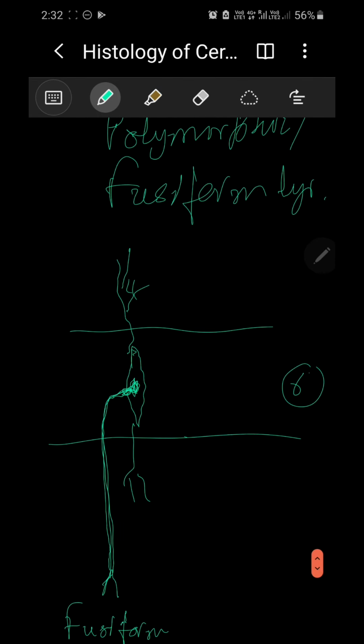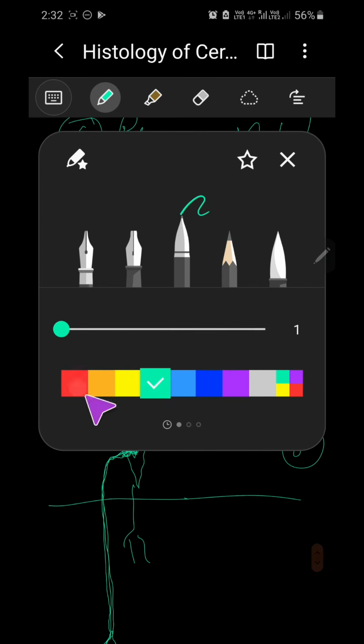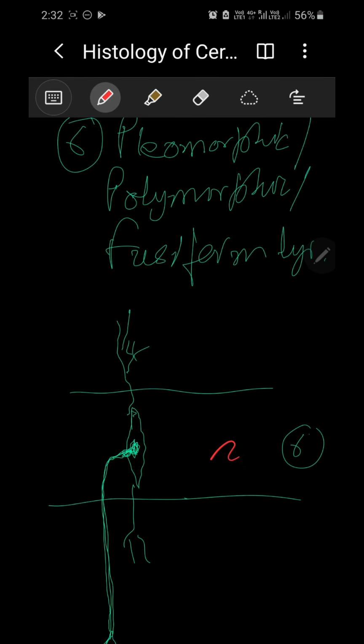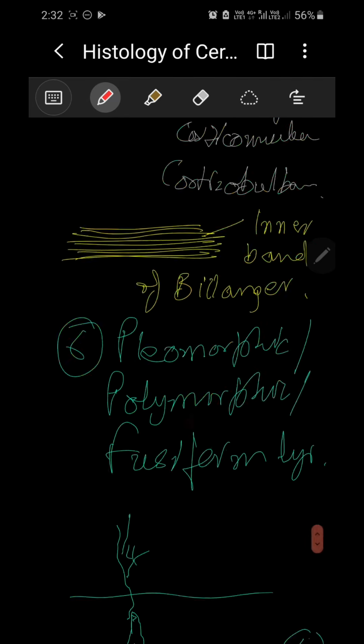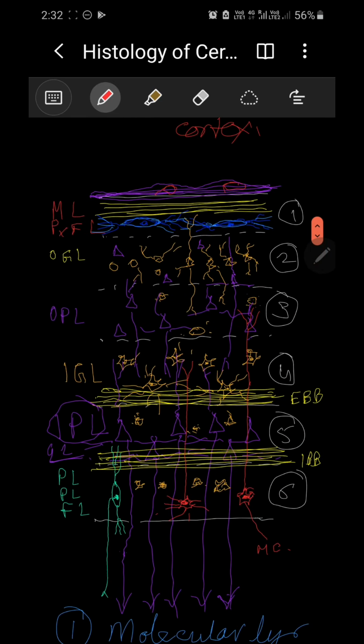One special cell is this, and the other cell, as I told you, hold on, so that you don't get confused while solving your MCQs: Martinotti cells are present in all the layers. These are sometimes distractors.